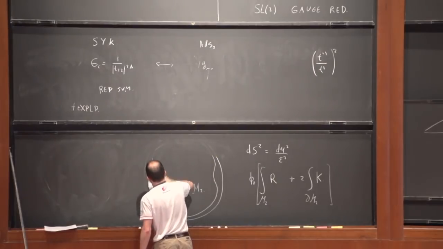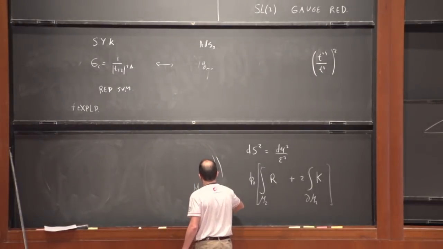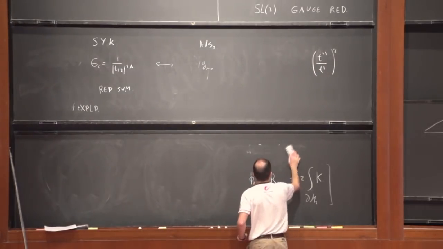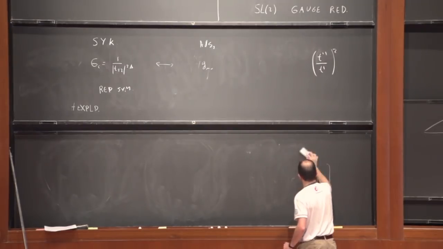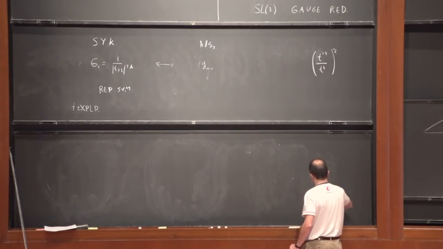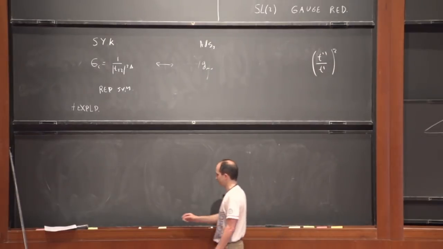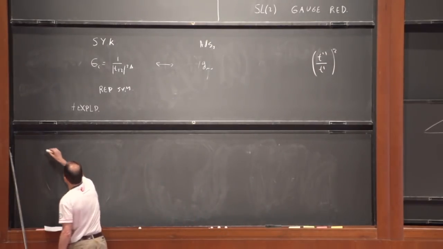Okay, so now we are going to make a slight detour. We are going to start discussing these two-dimensional gravity theories. So what do we know about two-dimensional gravity theories?